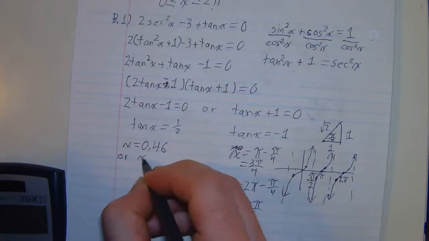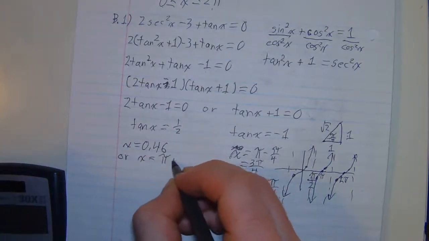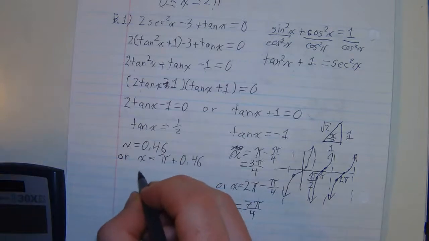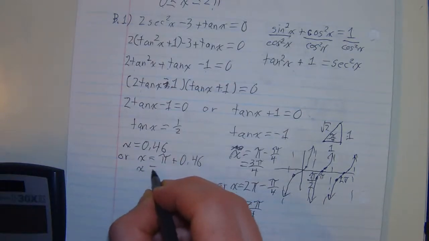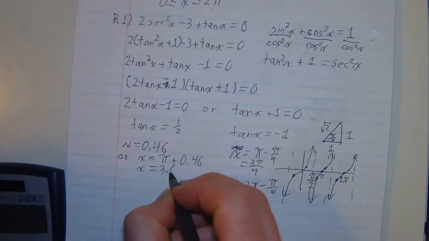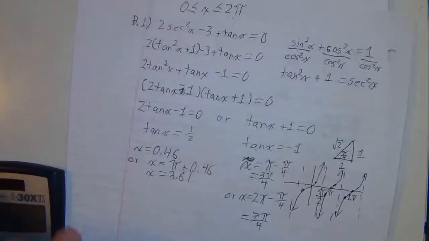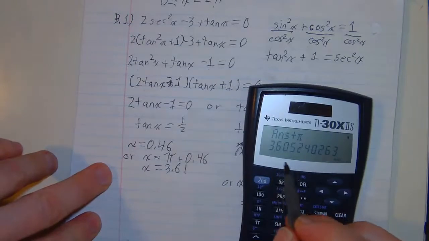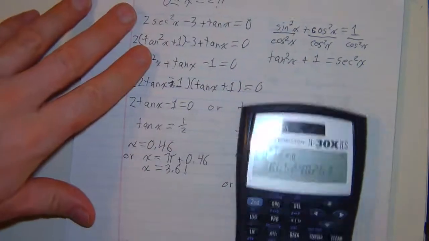So we can also get x equals pi plus 0.46. So if I add pi to that, in which case x is 3.61. And so we can see the calculation here, 3.605 rounds to 3.61.